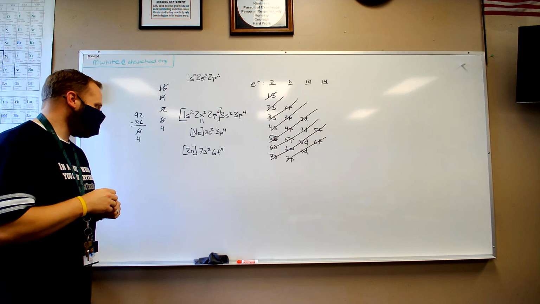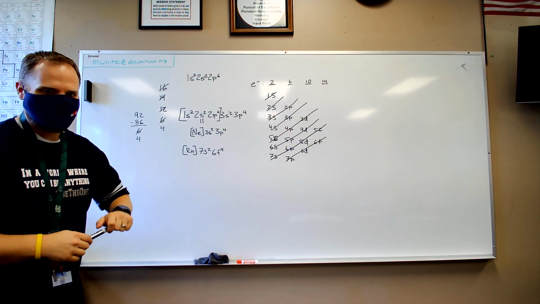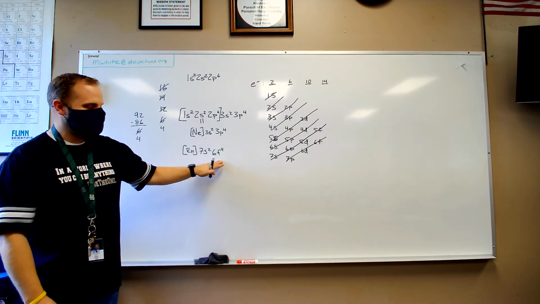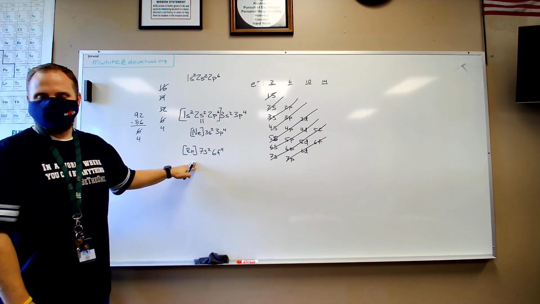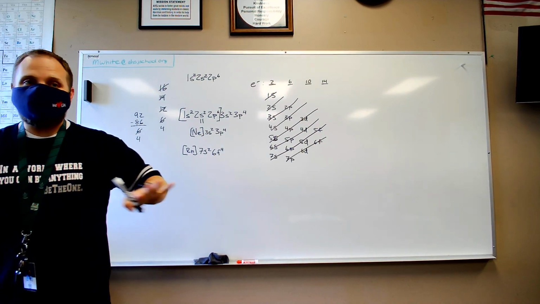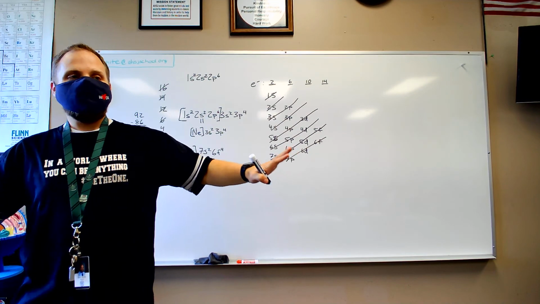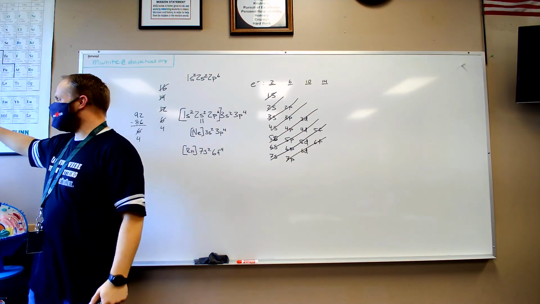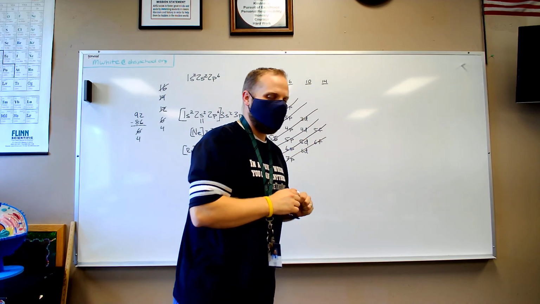Now, to be 100% honest, that's not the accepted electron configuration. For this class, that's what I want you to do. Because once you get into these bigger ones, you have to learn some exceptions and some different rules.